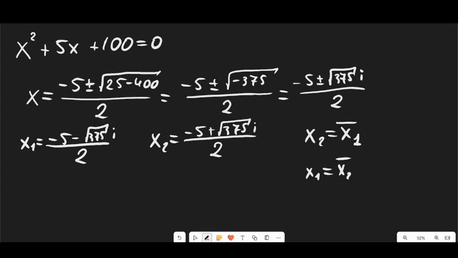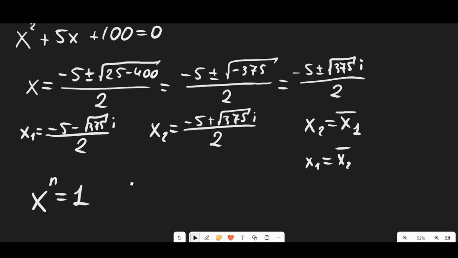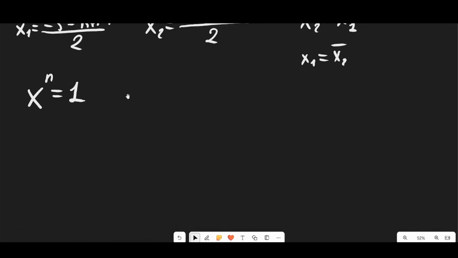And now, let's use the fact that x to the n equals 1 has n roots. Now we need to use the polar form of complex numbers.